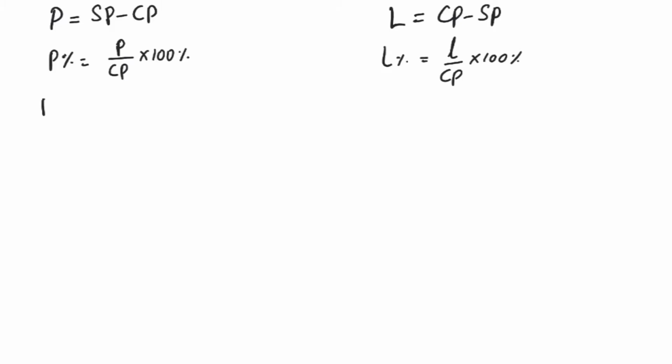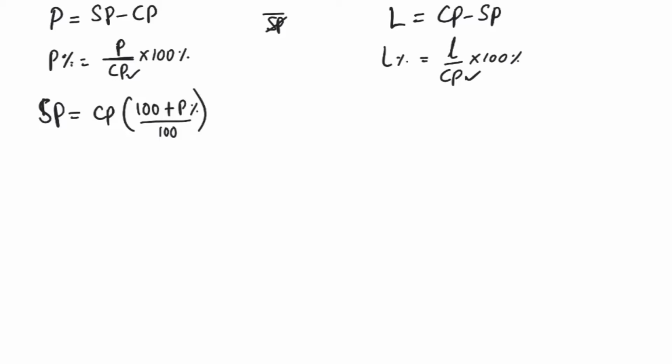For finding profit percent and loss percent, the reference denominator is CP only. Nowhere do we use selling price as denominator for finding profit and loss. Remember that point. And the selling price, if CP is given, SP is equal to CP into (100 plus profit percent) by 100.